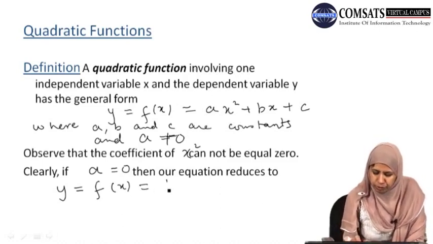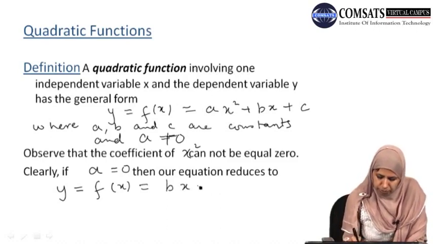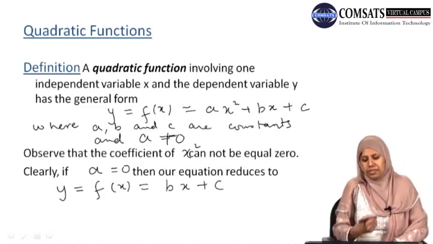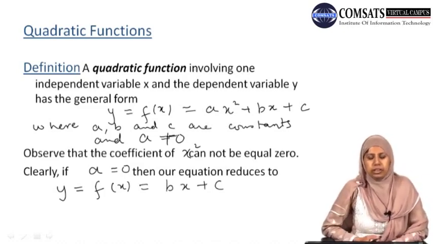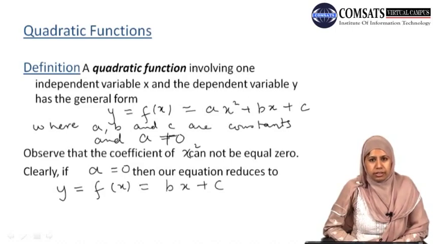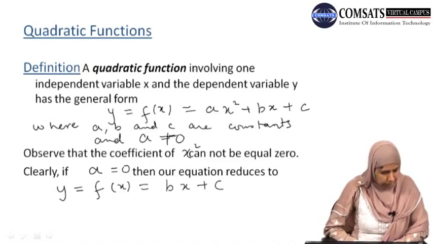With a = 0, we are left with bx + c, and we can recognize this function. It is a linear function with independent variable x and dependent variable y.